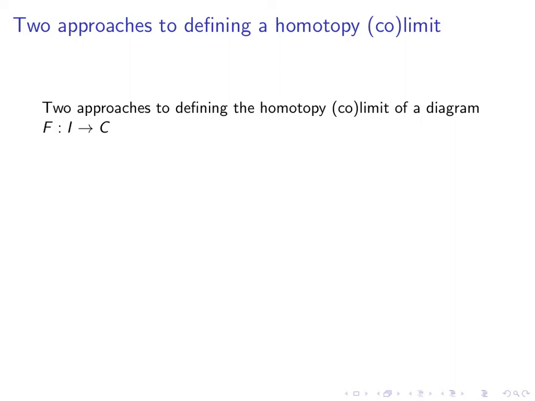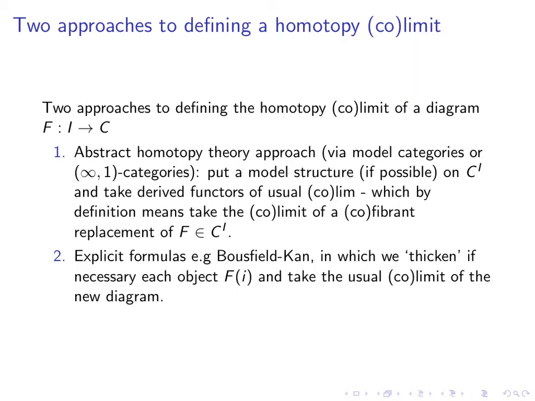Okay, so there are at least 2 approaches to defining what a homotopy colimit or limit is of a particular diagram. One approach is the abstract homotopy theory approach via model categories or variants like infinity 1 categories. So put a model structure on the functor category and then take derived functors of the usual colimit or limit functor.